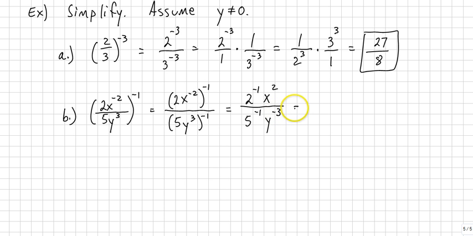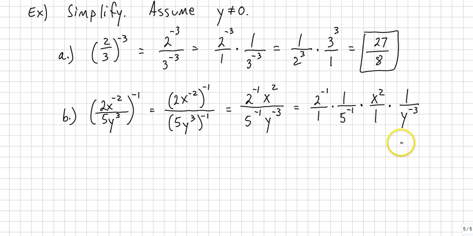And now we've got to use our negative exponent rule here. So we'd have 2 to the negative 1 over 1 times 1 over 5 to the negative 1 times x squared and then 1 over y to the negative third.